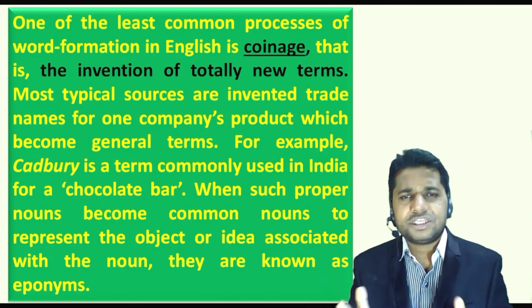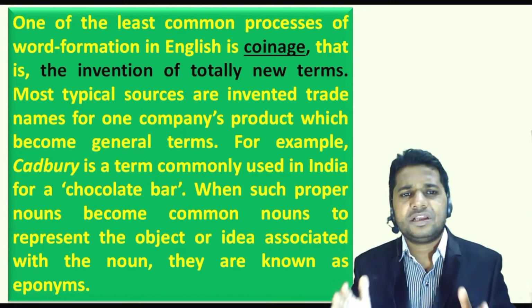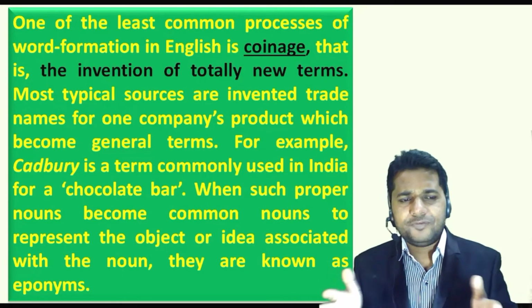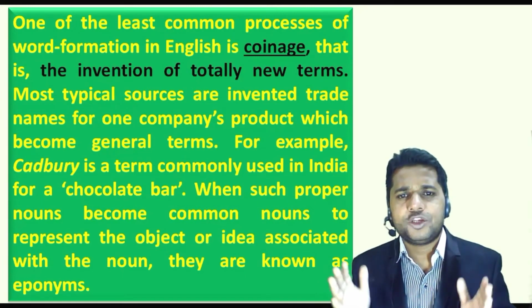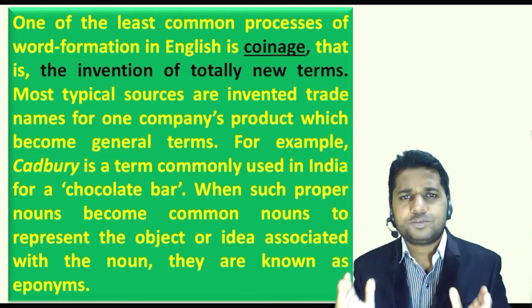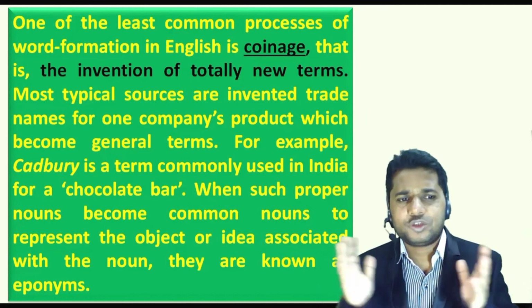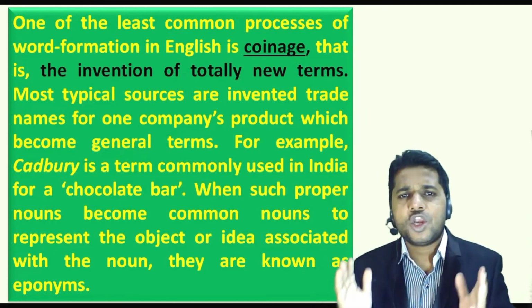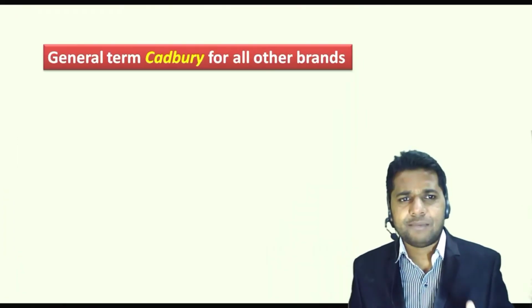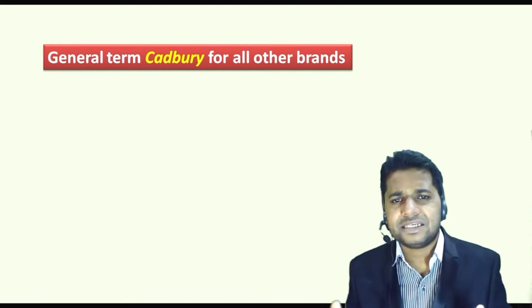Most typical sources are invented trade names for companies' products which become general terms. For example, Cadbury is a term commonly used in India for a chocolate bar. When such proper nouns become common nouns to represent the object or idea associated with the noun, they are known as eponyms. This term Cadbury is used for all other brands of chocolate bar in India.